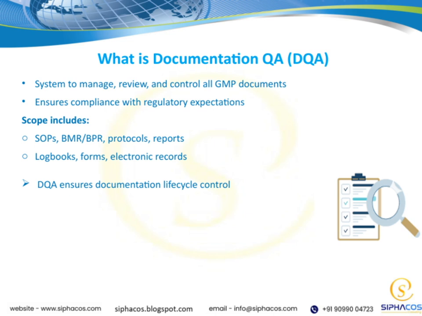The key point to remember is that DQA ensures the entire documentation lifecycle is under control. This means from creation to review, approval, revision, and archiving, every step is managed to maintain accuracy, consistency, and compliance. In essence, DQA acts as a backbone for regulatory adherence and quality assurance in our documentation processes.